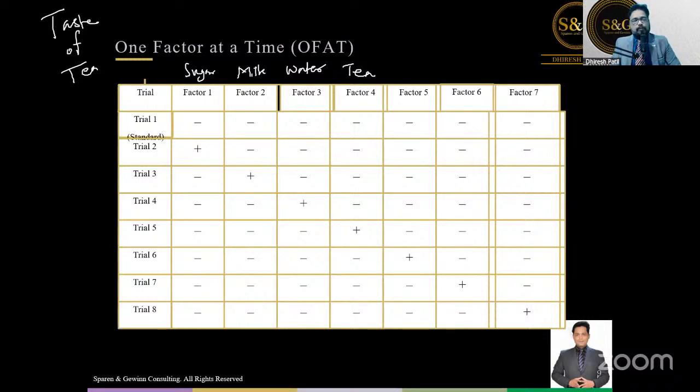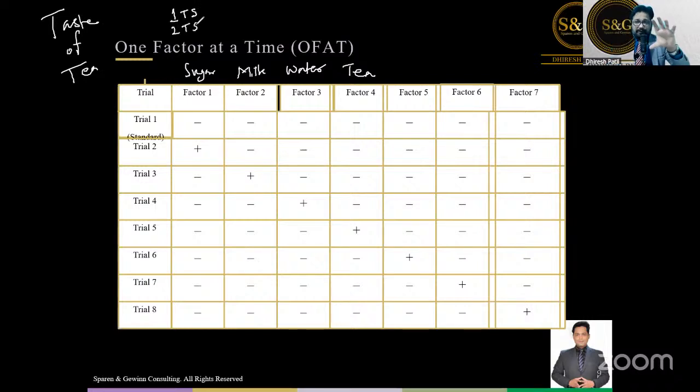In the experiment, what we decide is there's a sign called minus and plus in this table. So we find a range in which we want to do the experiment. For example, for sugar, let's say I want to do the experiment with 1 tablespoon and 2 tablespoons.